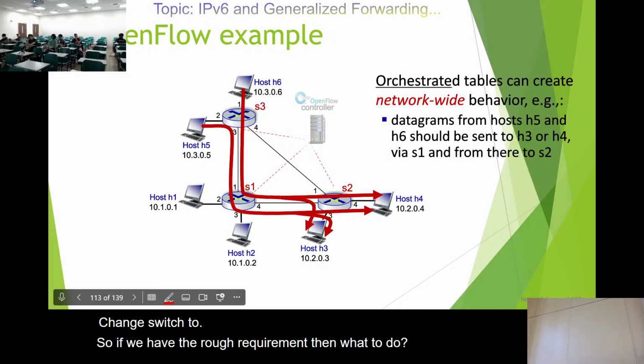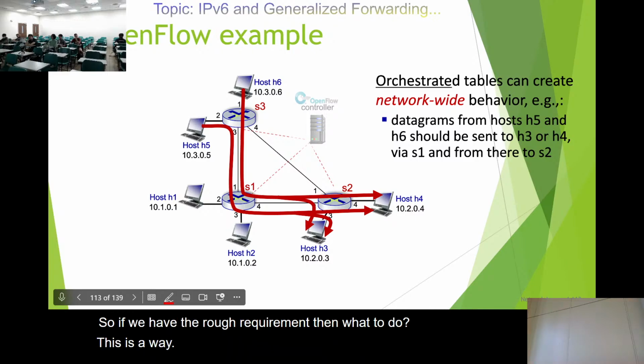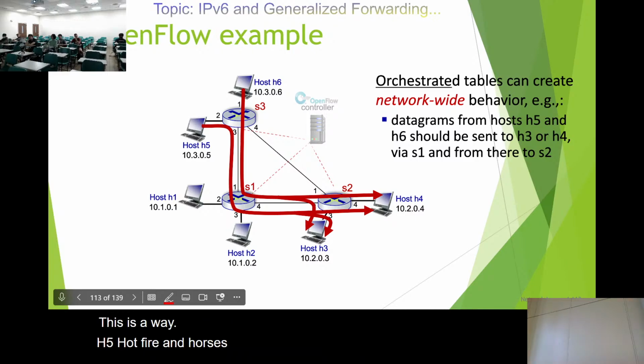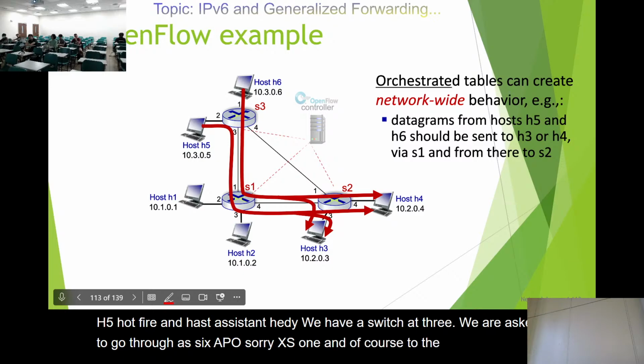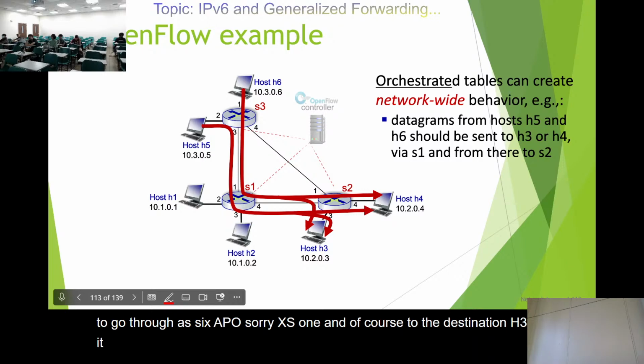This is the way: H5, host 5, and host 6. Currently, we have switch S3. We are asked to go through S3, of course S1, and of course to the destinations H3 and H4, it should go through switch S2.